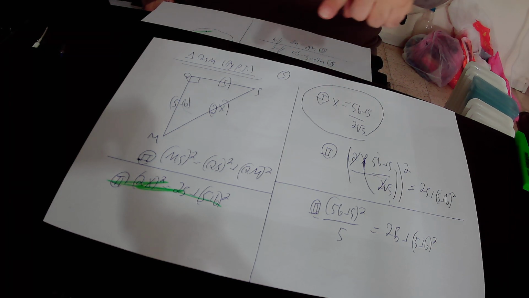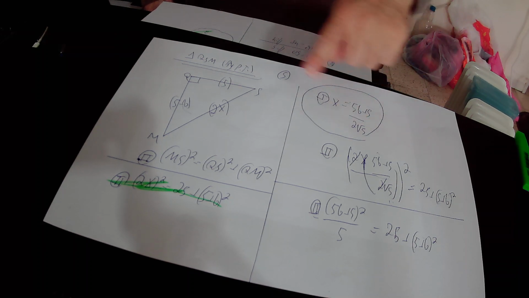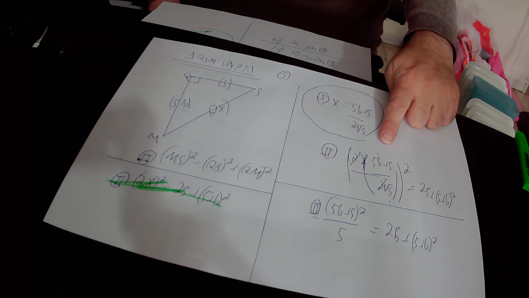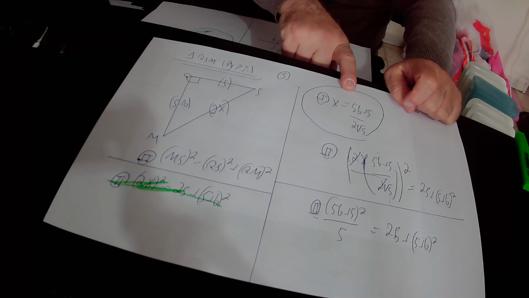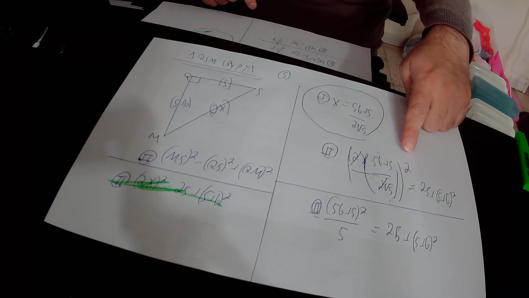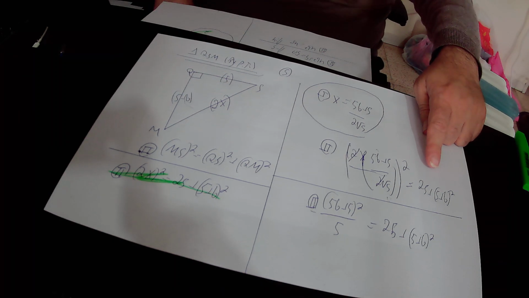So we did it, and according to equation number 2, we have (2x) squared. So it is 2 times x, and x, according to equation number 1, is (5b plus 5) over 2 times root of 5, all squared, and it is equal to 25 plus (5 plus b) squared.